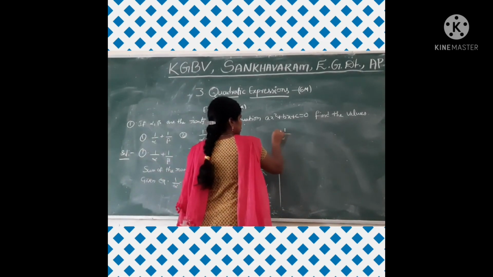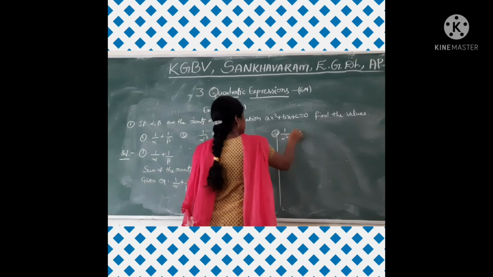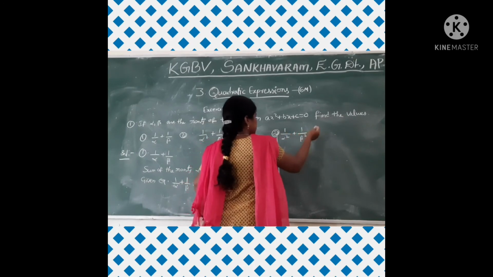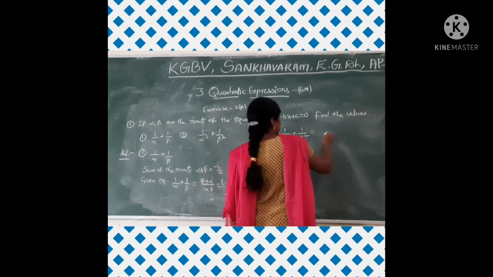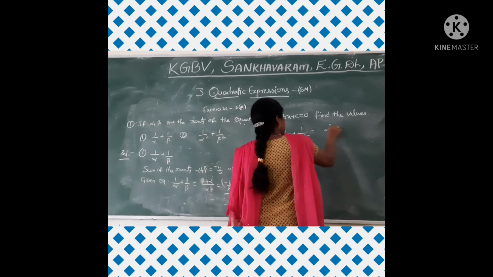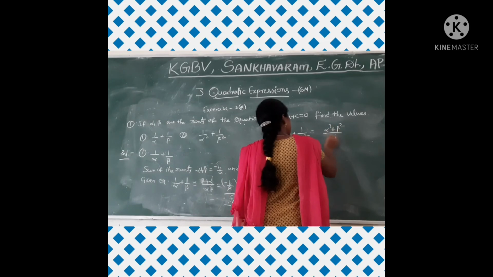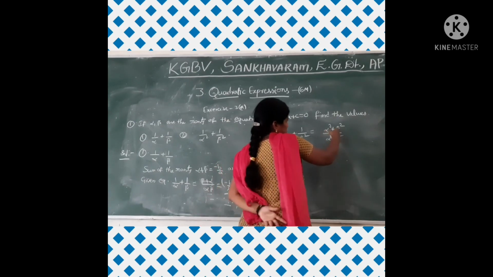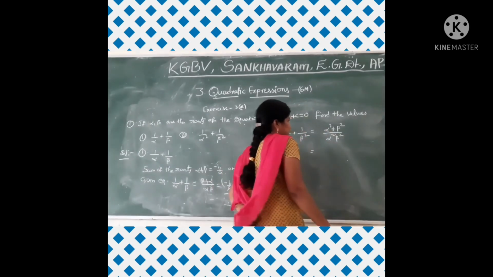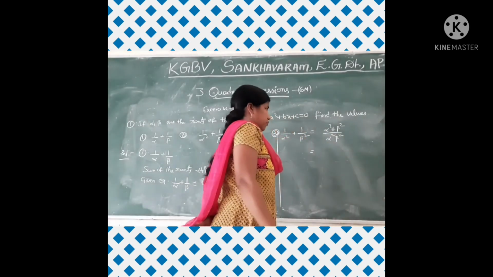Okay, second one is 1 by alpha square plus 1 by beta square. This can also be written, taking the LCM, as alpha square plus beta square by alpha square beta square. Alpha square plus beta square we can write using the a plus b whole square formula.